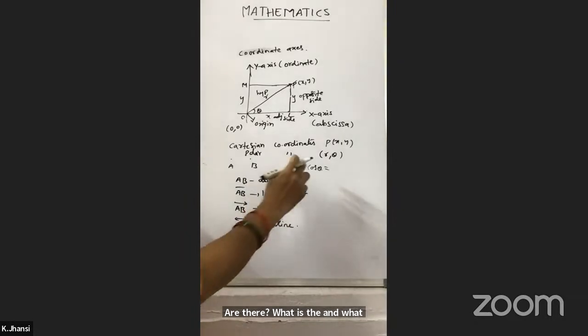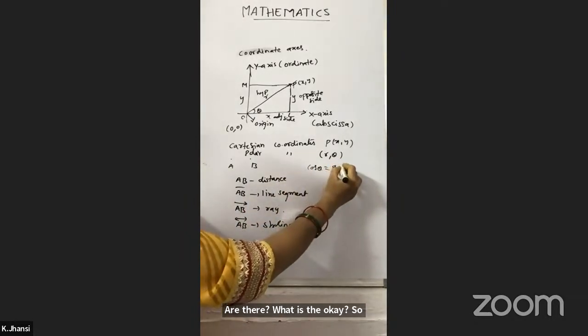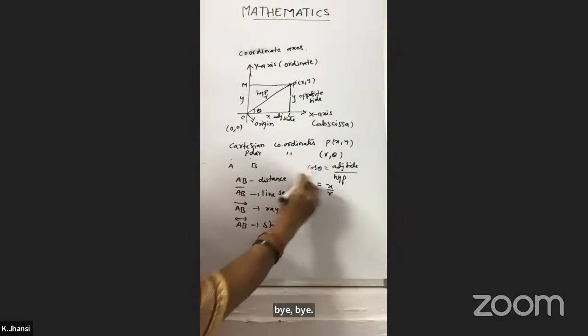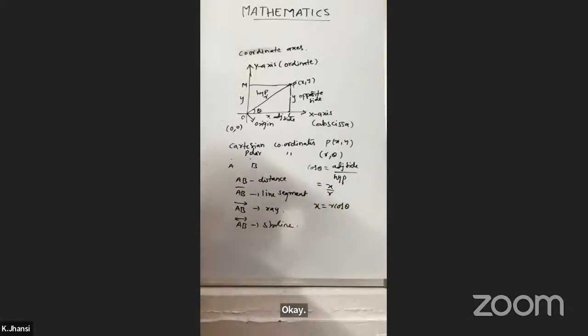Okay, so cos theta we write as adjacent side by hypotenuse. The adjacent side, what we have is x. And what is the hypotenuse value? It is r. So r into cos theta.